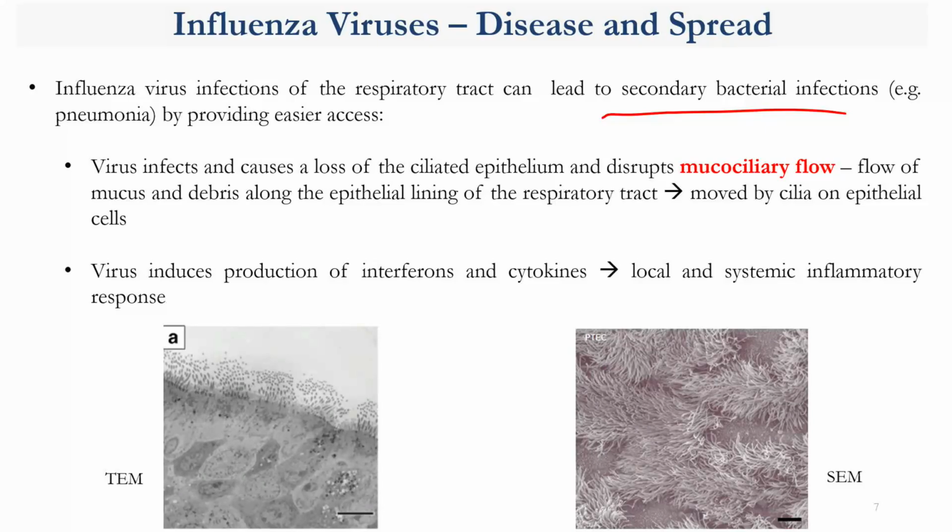Because what ends up happening is the virus infects and causes a loss of the epithelial cells that line our lung. But one feature they have is that they are ciliated. Why are they ciliated? Because they move mucus. These cilia move mucus, which is called mucociliary flow. And if you disrupt this, what's going to happen?